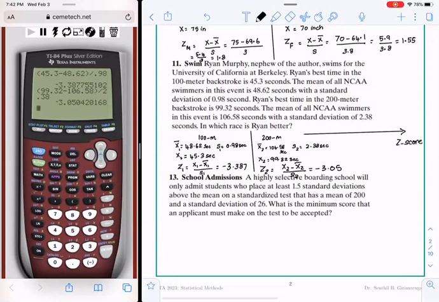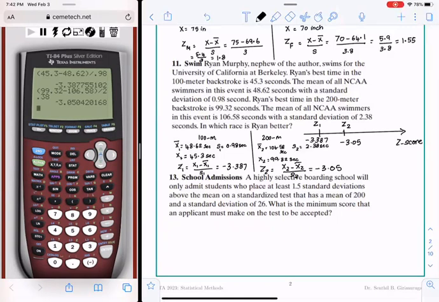The moment we convert to z-scores, the observations become standardized. So for the 200 meters, it was at negative 3.05, and for the 100 meters, it was at negative 3.387.